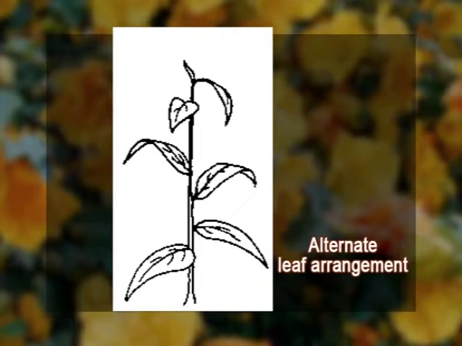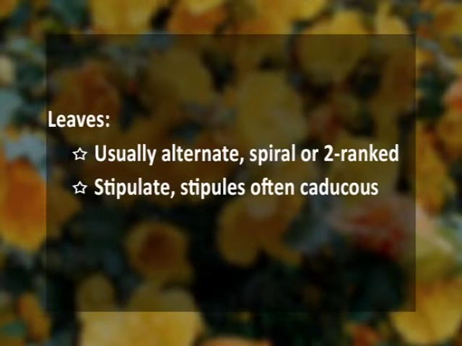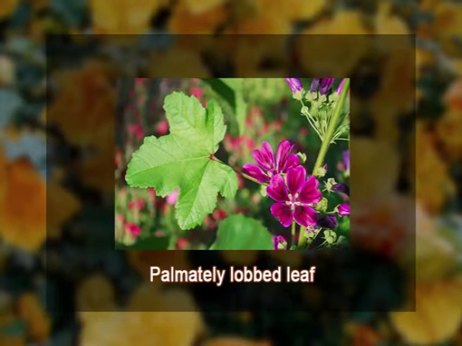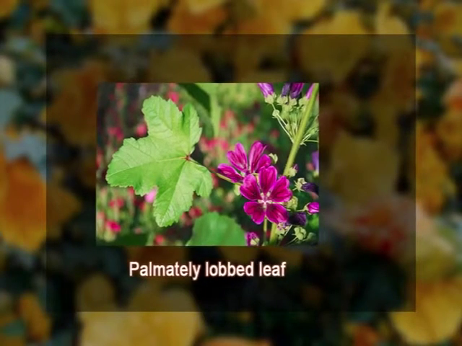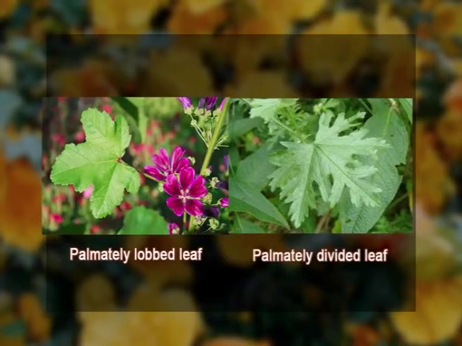Leaves. The leaves are usually alternately arranged. They can form a spiral or commonly what we call as two-ranked. The leaves are stipulate and the stipules are often caducous. The leaf blade here is simple, but sometimes this leaf blade can be palmately lobed to divided.